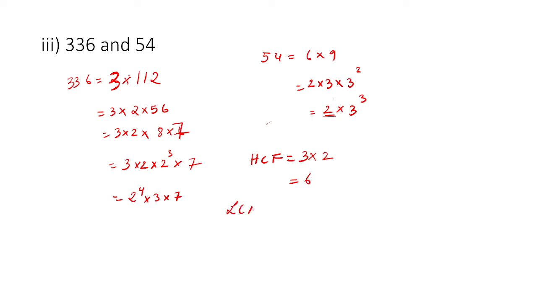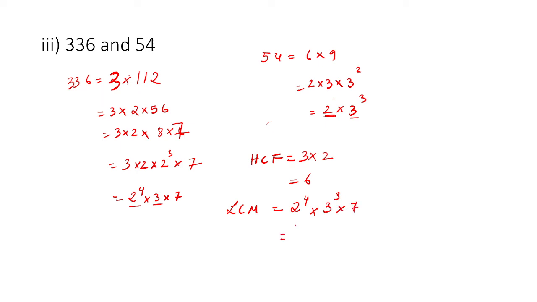Now when we talk about the LCM of 336 and 54, what is the highest power between these? Both of them have 2 and 3, but what is the highest power for each prime number? The highest power that the prime number 2 has is 2 to the power 4, so you're supposed to consider 2 to the power 4. Now for 3, what is the highest power over here? 3 cube, into 7.